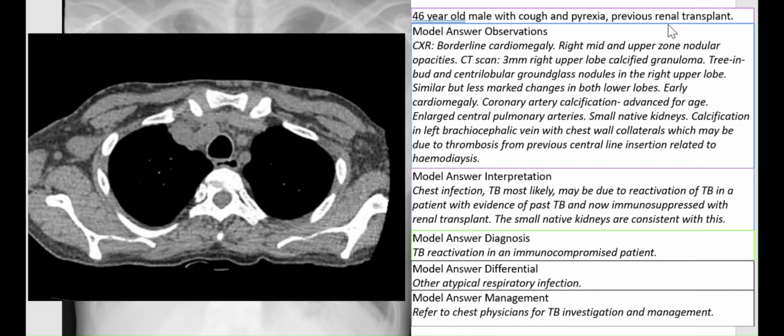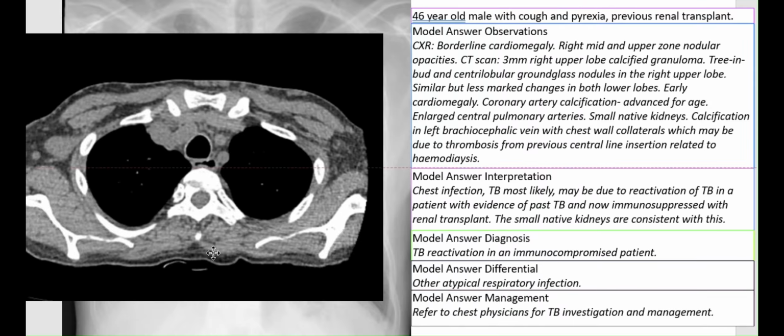Mostly before the renal transplant, this patient used to have hemodialysis, and for the hemodialysis, he mostly had previous central line insertions.